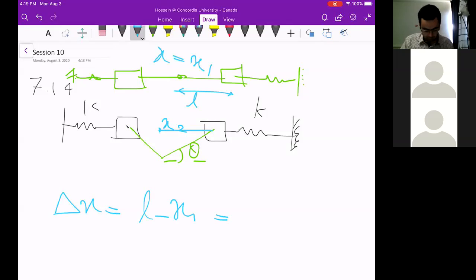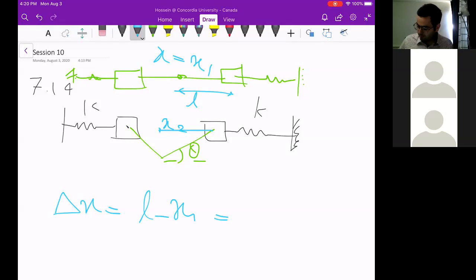So the problem is related to the virtual work 7.14, and we are supposed to derive it. For the system, determine the equilibrium position and its equation of vibration about it.